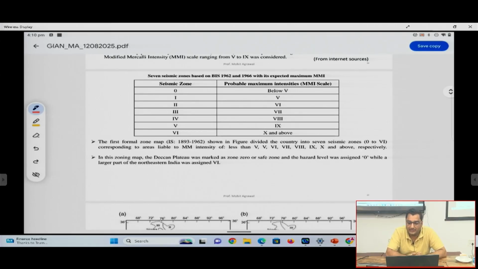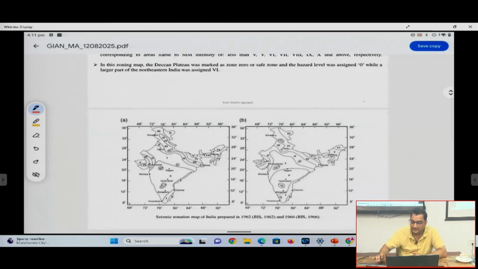Now, as per this zoning map, the Deccan Plateau was considered to be a stable continental region. That means it was considered to be a safe zone. Safe zone means there was an expectation that no earthquake will ever happen in this region, which is why it was assigned 0. A larger part of northeastern India was assigned Roman numeral 6, the most vulnerable region considered in this zoning map.